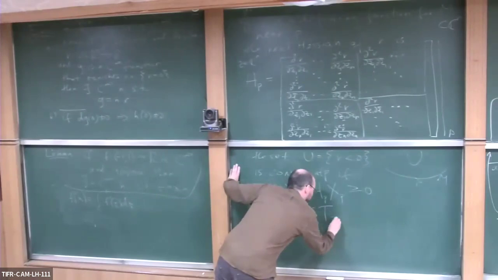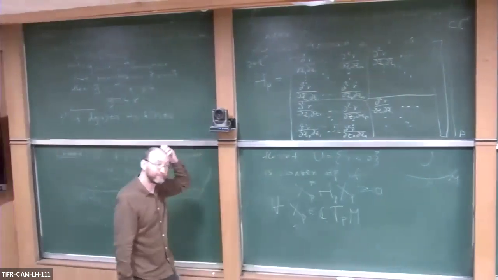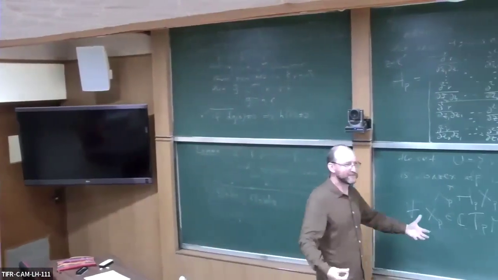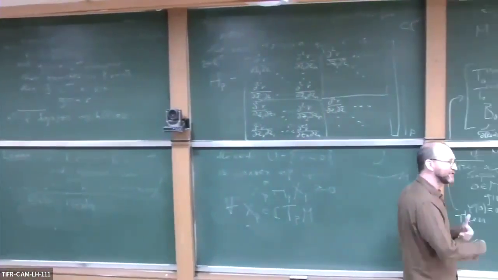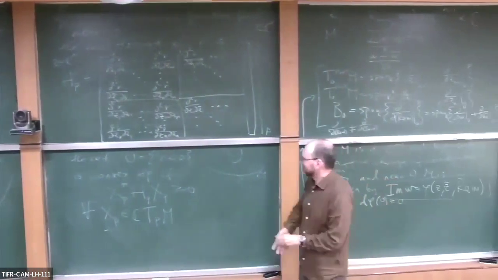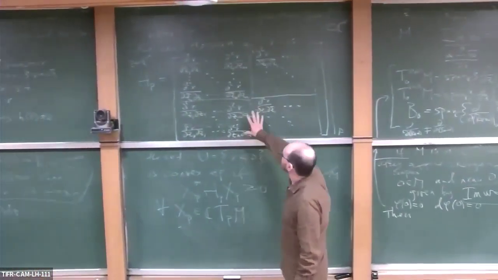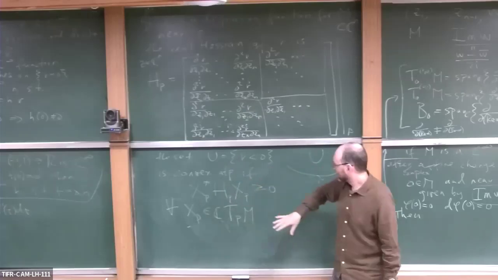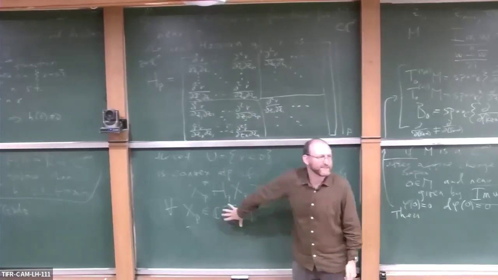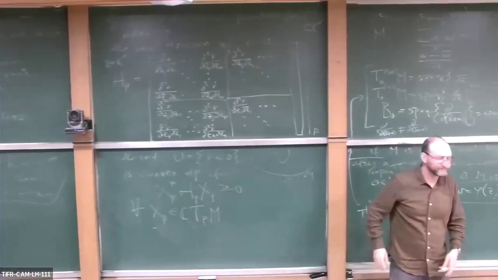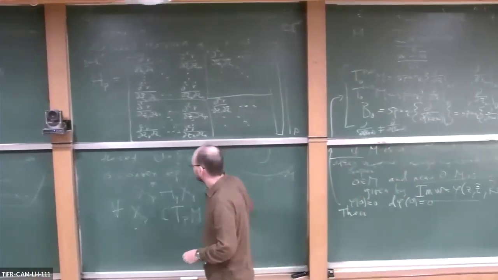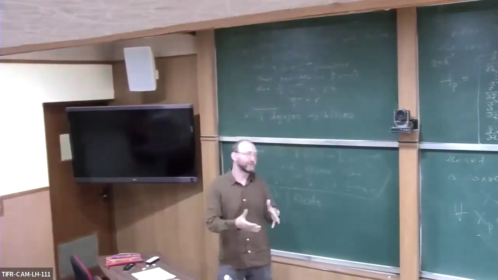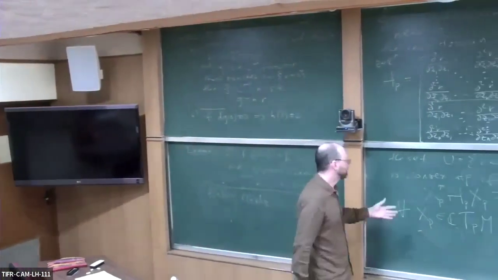It's basically the same definition. If you're doing it in R^n, you're not complexifying anything. You just use the actual Hessian that you had from calculus and the standard tangent spaces. So that's local convexity, convexity for a smooth manifold.